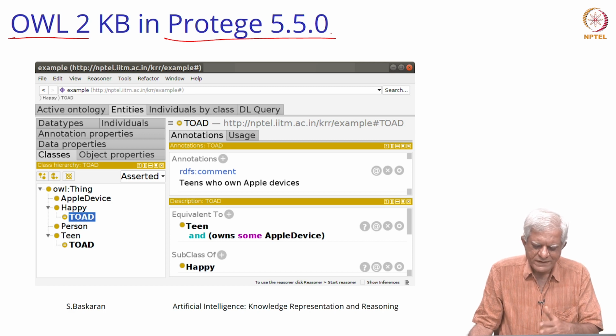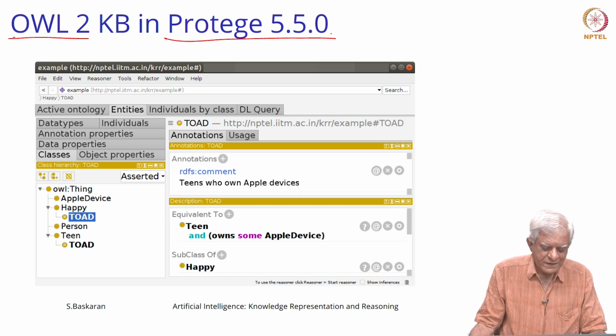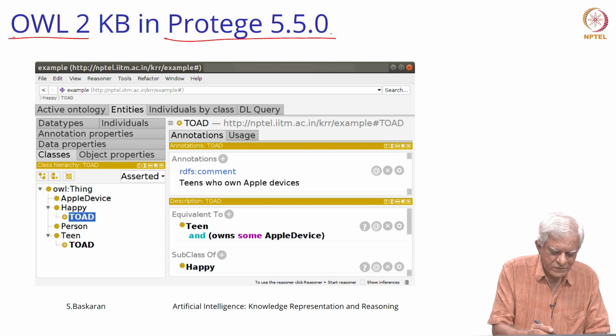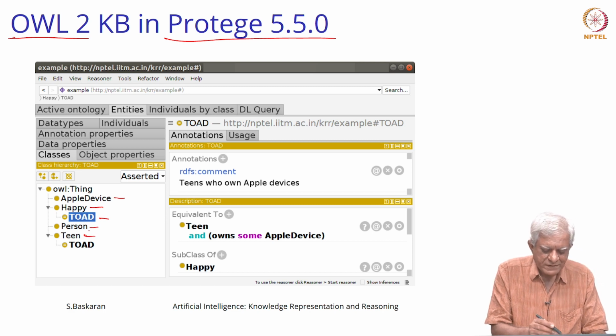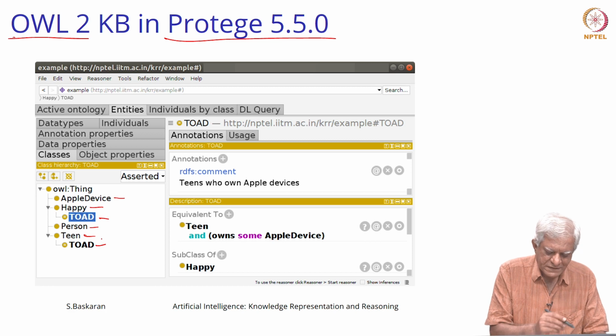So, here is just a snapshot of how you would express things. You can see that there is a concept called Apple device, there is a concept called happy, and it has a subclass called TOAD, and there is a concept called person, there is a concept called teen, and teen also has a subclass TOAD.